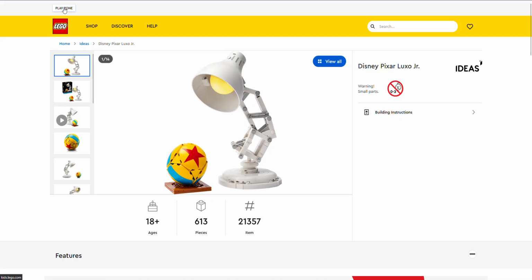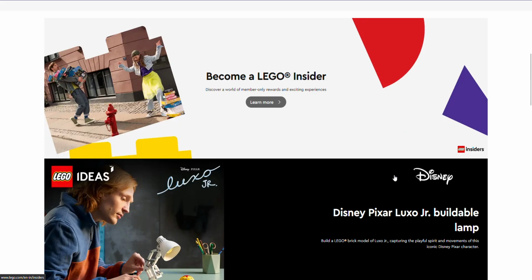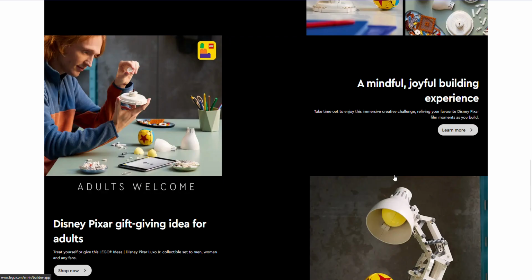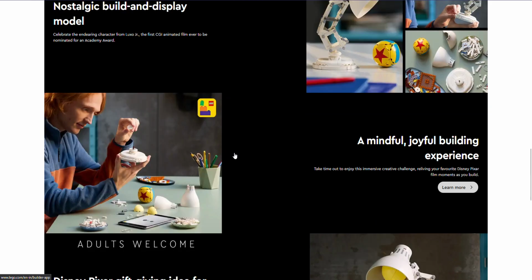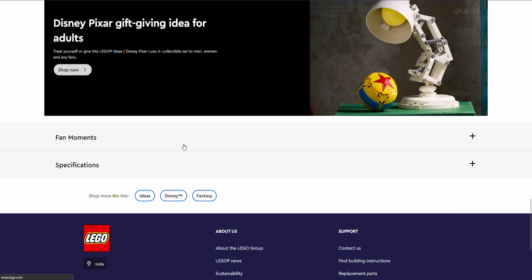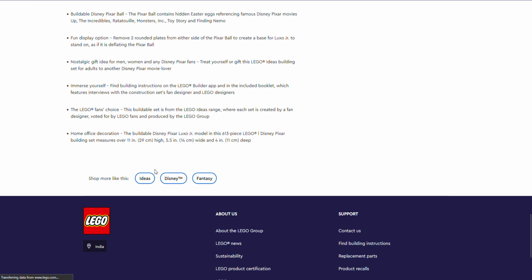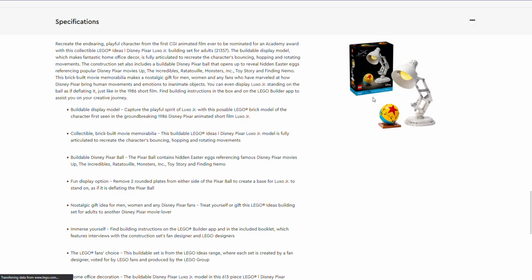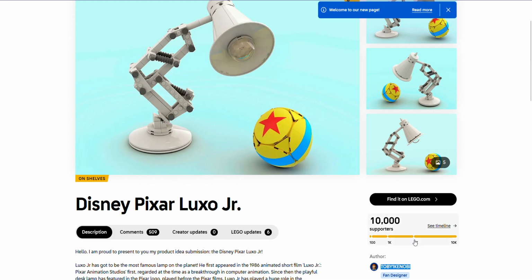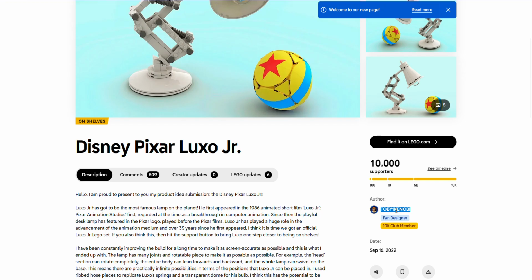So this has already been published on lego.com, but I do not see a buy icon in here. There are fan moments, specifications. So this is the packet that they have created. People can buy this packet, which is by this person, Toby One Kenobi.